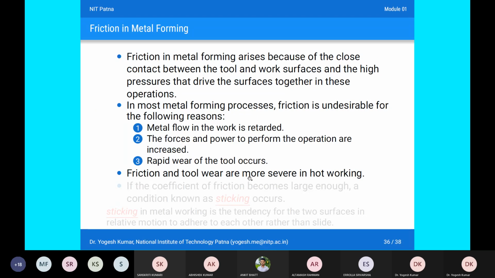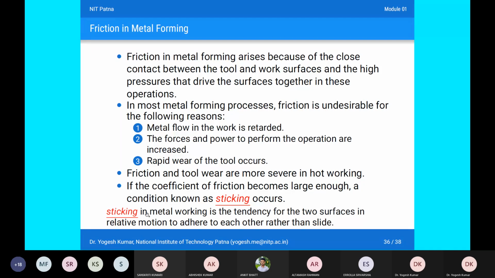One more thing: if the coefficient of friction becomes large enough, a condition known as sticking occurs. Let me explain what sticking is. Sticking in metalworking is the tendency for two surfaces in relative motion to adhere to each other rather than slide.